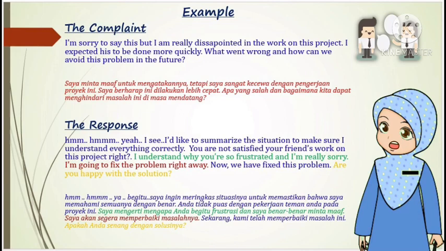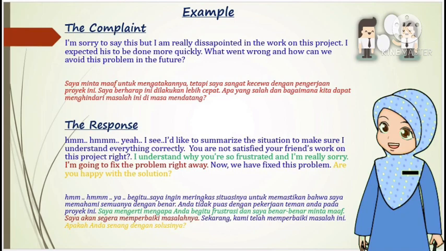After that, you use step 2, that is apologizing, by saying, "I understand why you are so frustrated and I'm really sorry." After apologizing, we use step 3, that is taking action, by saying, "I'm going to fix the problem right away."